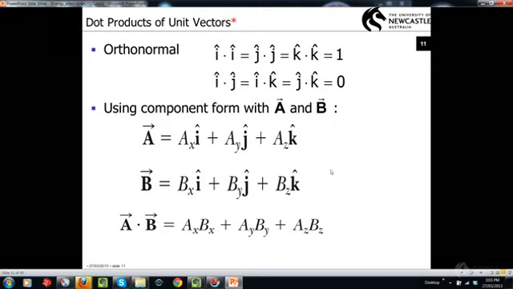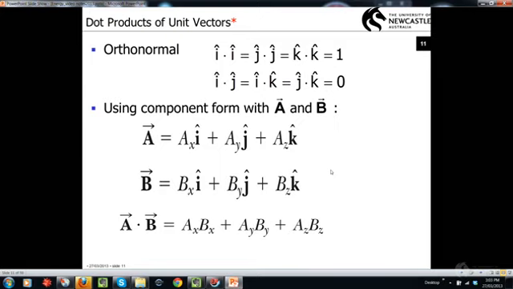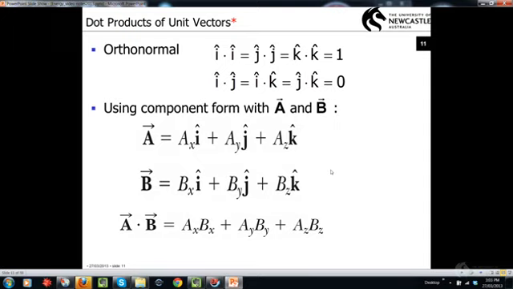There's this property called the orthonormal property. It means that if the 2 vectors are at right angles, the cosine of the angle is 90 degrees, then the scalar product is 0. So if we take i and j, the unit vector along the x-axis and the unit vector along the y-axis, then i dot j, the scalar product, will equal 0.